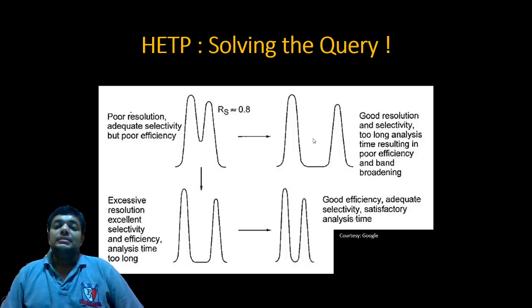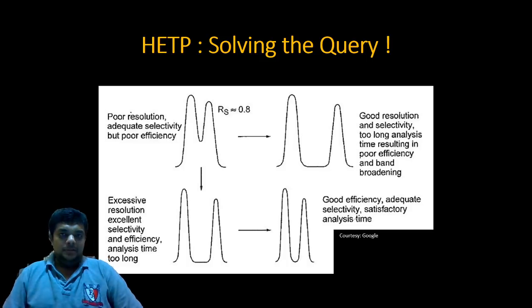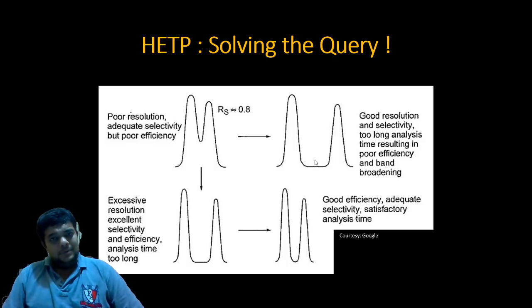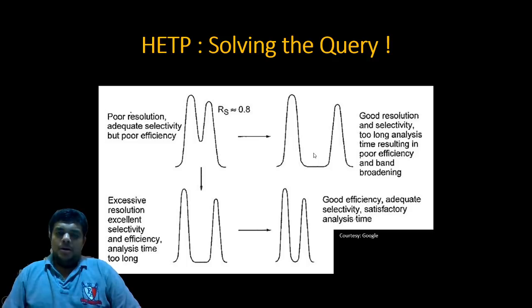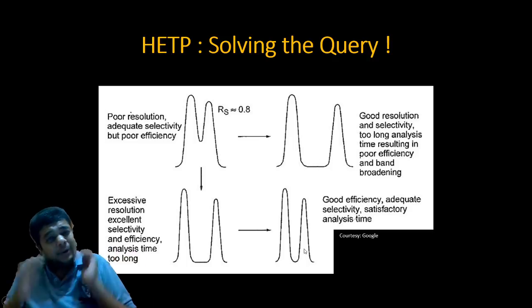I will give the answers. In both of these, the microns are very tiny. After one compound comes out, if the second compound comes after a long time, then also it is not good. After the first compound, in a very little time the second should come out, then they are well separated.